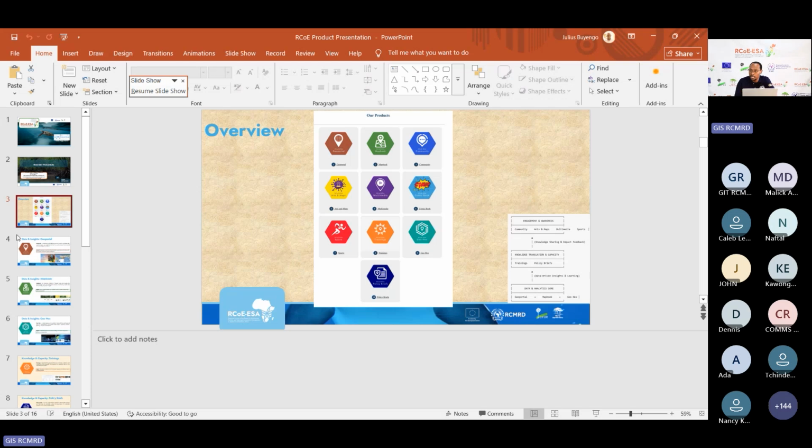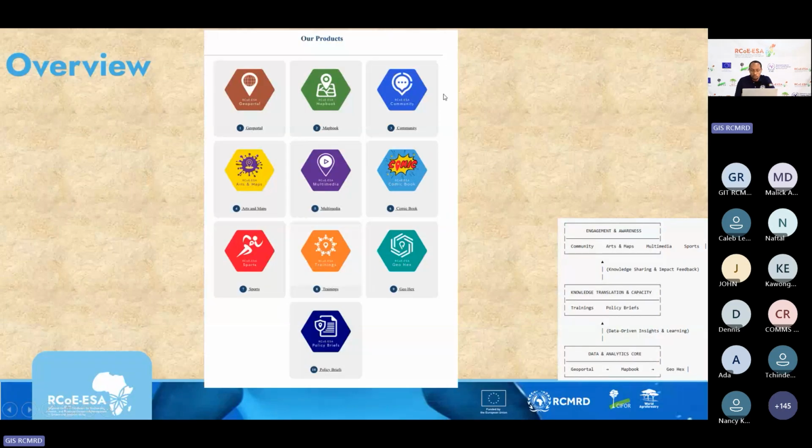We host the data in the geoportal. From the geoportal, we are able to do analytics, which produce products like the map book and the GeoHex.